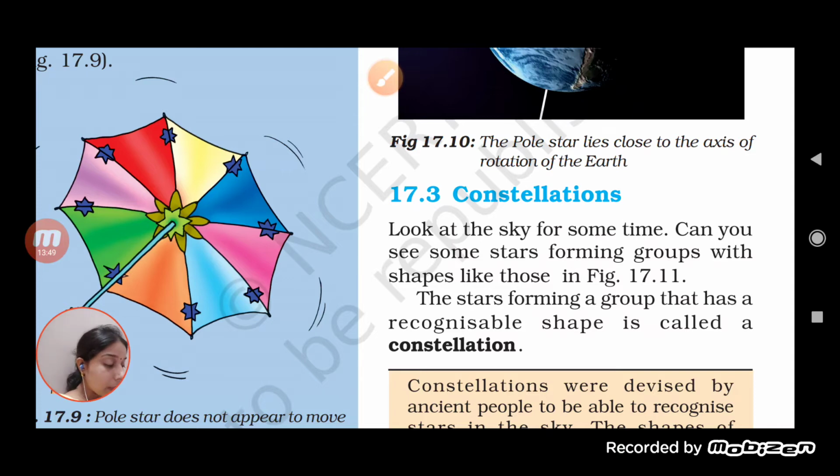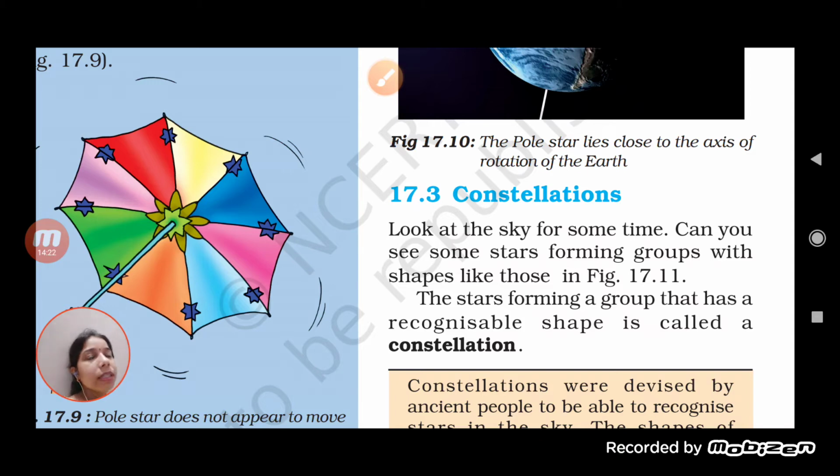Pole star is a very useful star, students, because it is used by sailors and adventurers for navigation, because it helps in giving the direction. Pole star is always present at the north pole, so that helps the sailors and navigators to find out the direction so that they can move their ships towards it.